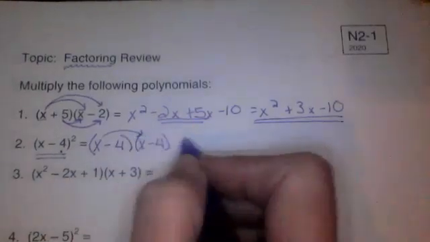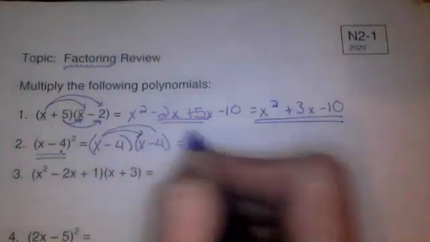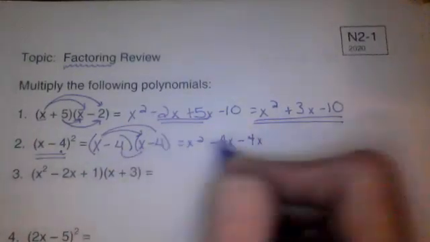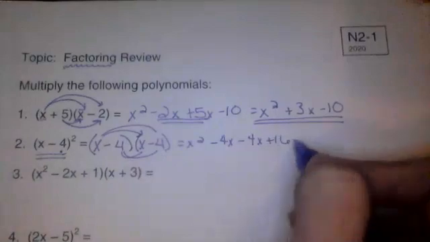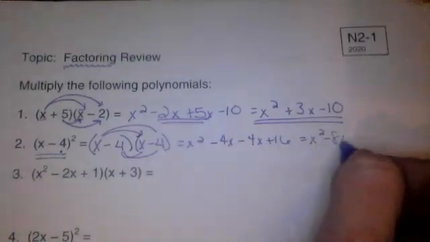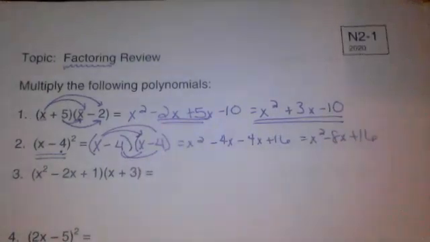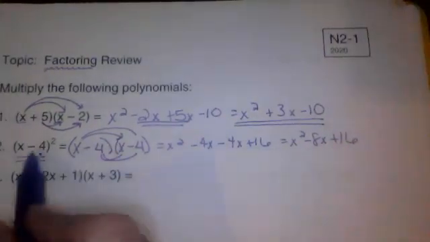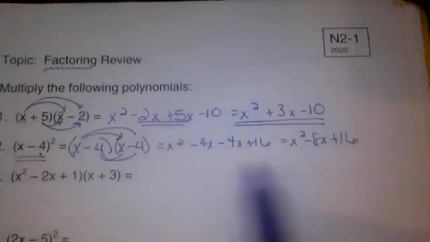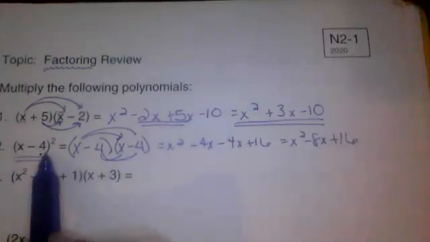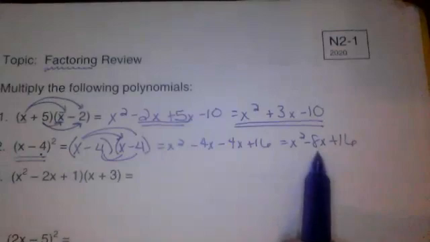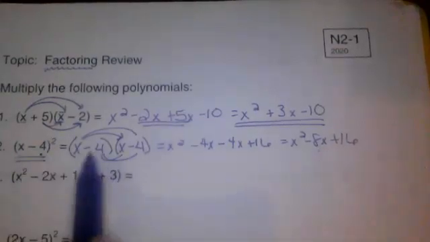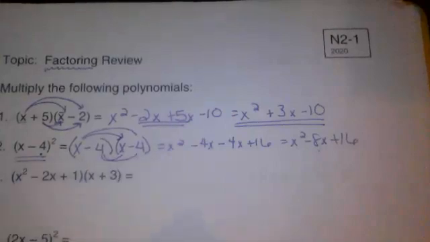We've got x squared minus 4x minus 4x plus 16, or x squared minus 8x plus 16. All right, so when you see these, don't forget there's a middle guy. The shortcut to get the middle guy is to multiply these together times 2. So if you want to use that, great. But if you can't remember that, just remember to write it out and multiply it.